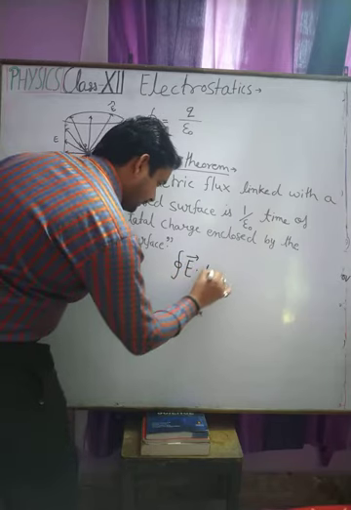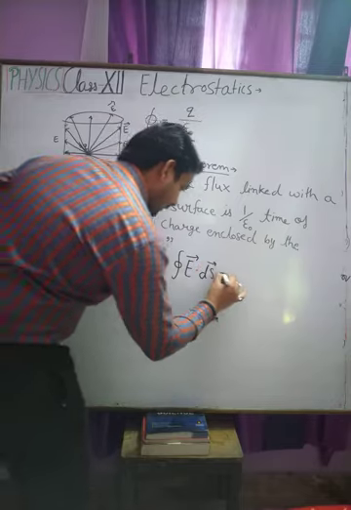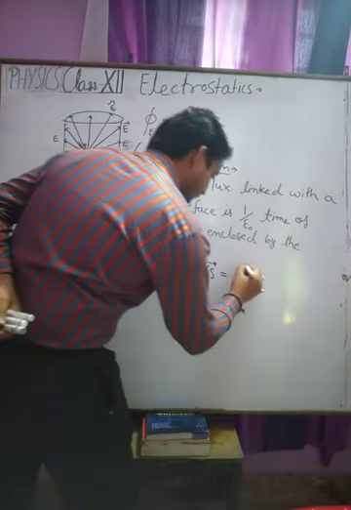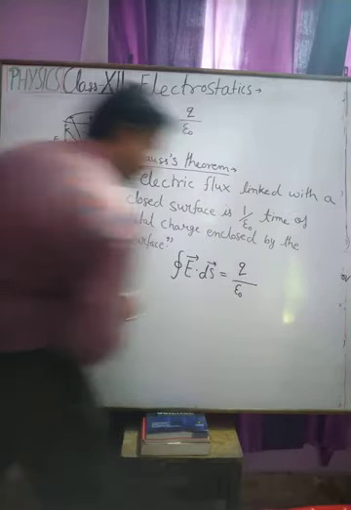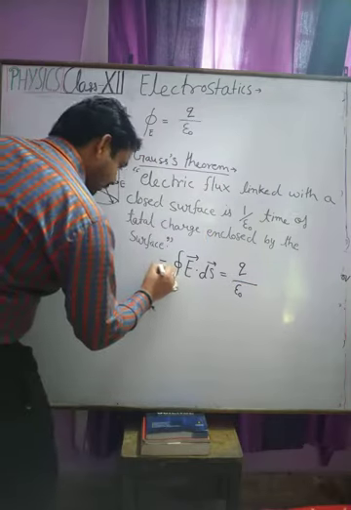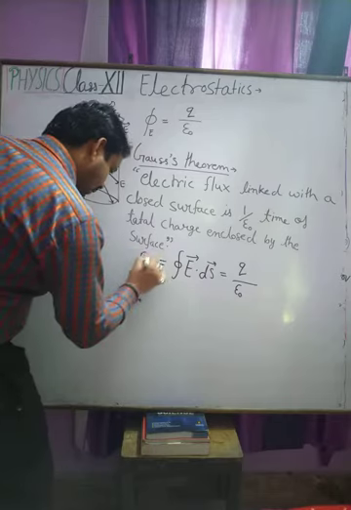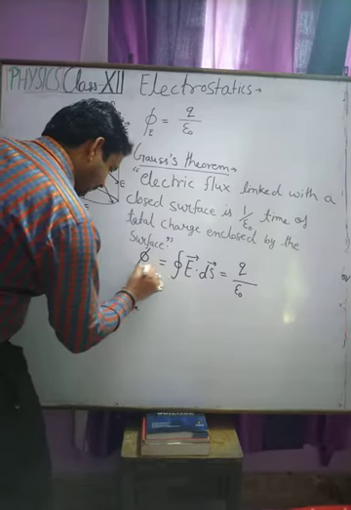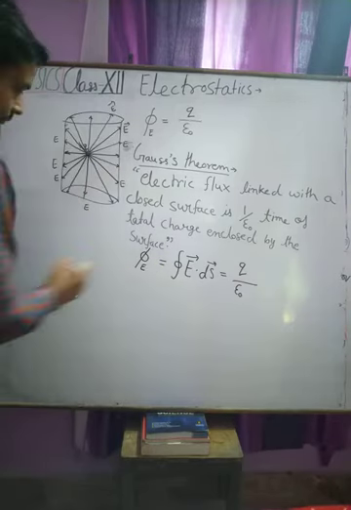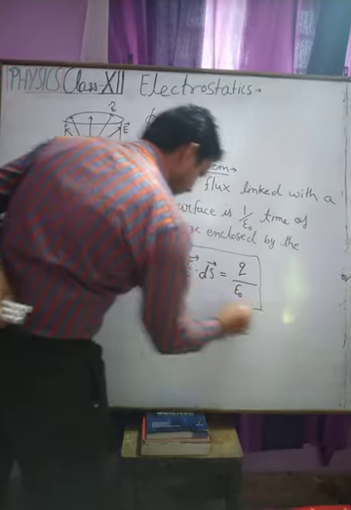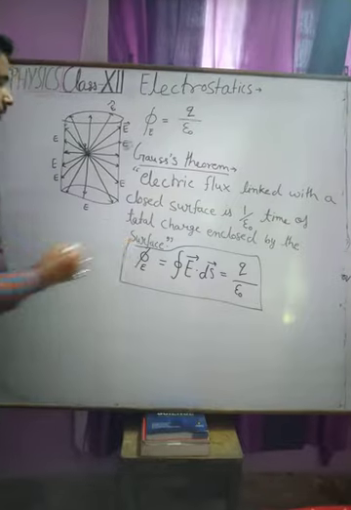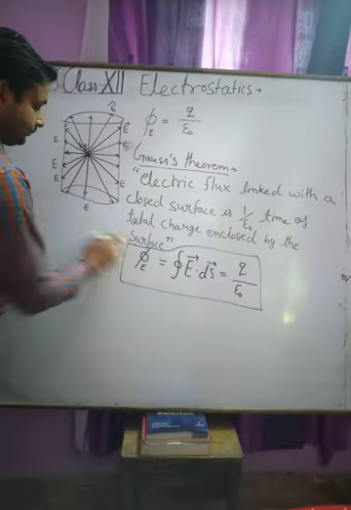So this theorem is given by the closed integral of E dot ds is equal to Q upon epsilon naught, and you all know this closed integral of electric flux is denoted by phi. So this is the mathematical form of Gauss's theorem.